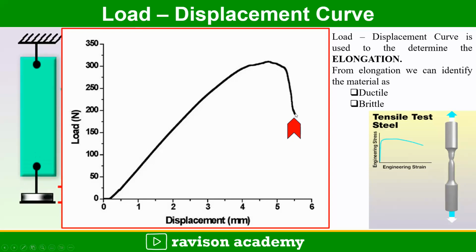In this graph, an approximate load of around 300 Newton is registered and an elongation of about 5.5 mm, so we can tell the displacement is 5.5 mm. If the same test is conducted for a different material which has a displacement of 3 mm, we can tell that particular material is less ductile.